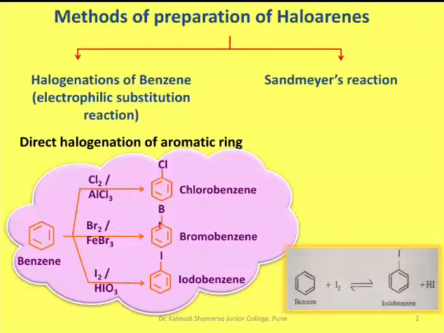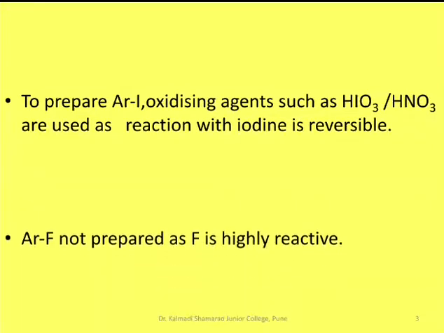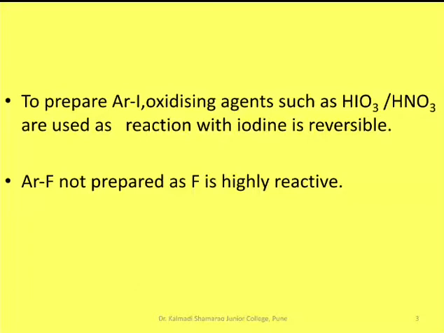Hence, we have to add some oxidizing agent such as HIO3, which can easily oxidize HI produced during the reaction to iodine. Also, the direct fluorination of benzene is not possible as the reaction is too violent and cannot be controlled. Now, we will discuss the reactions of haloarenes.